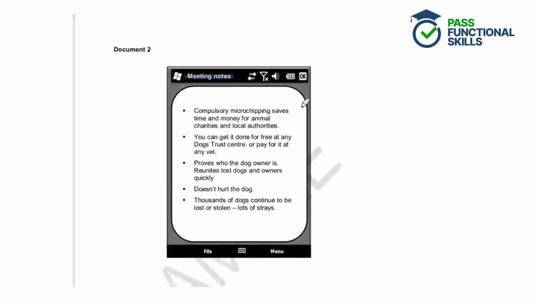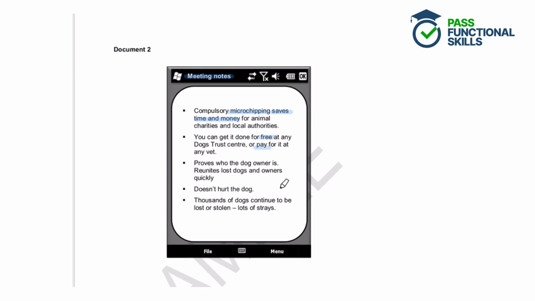So compulsory microchipping saves time and money for animal charities and local authorities. So microchipping, saving time and money is something we might want to consider in our answer. You can get it done for free at any Dogs Trust Centre or pay for it at any vet. So there is a free option and a paid option.